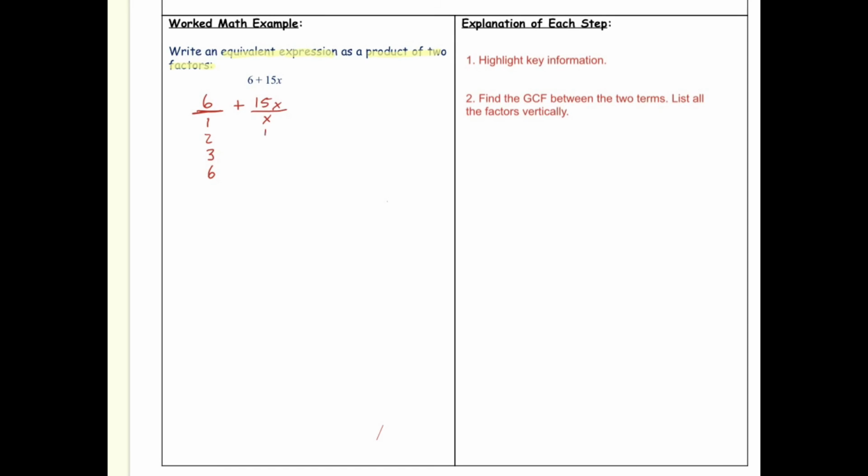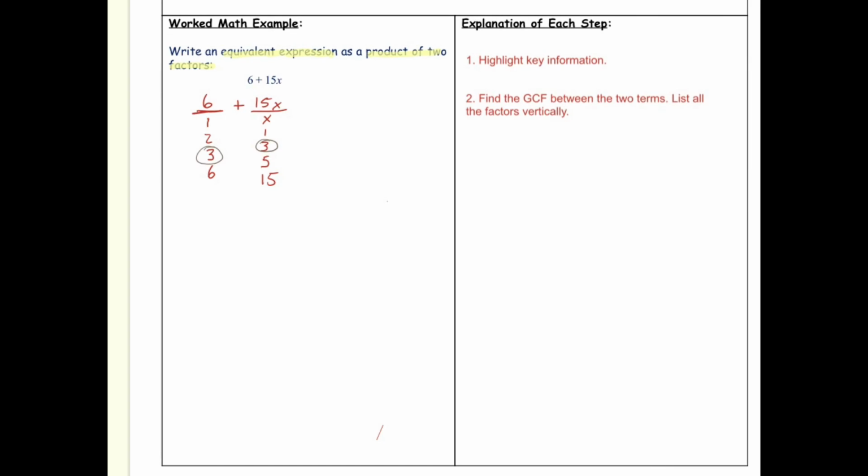And then I have 1, 3, 5, 15. Now you need to look for the factor that they have in common. One has a variable, the other one doesn't, so it cannot be a variable. We have 3 and 3. That is the greatest common factor.